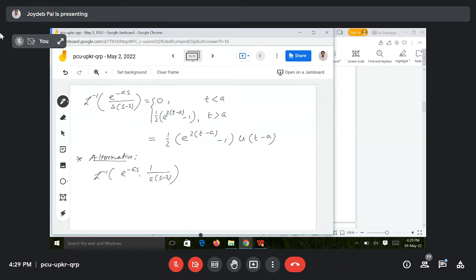So directly you can apply t shifting. What is the t shifting formula? Laplace inverse of e to the power minus as into f of s is equals to f of t minus a u t minus a, right?